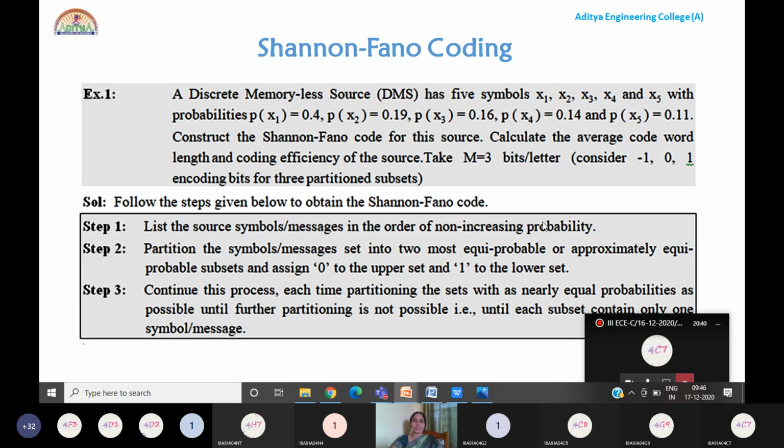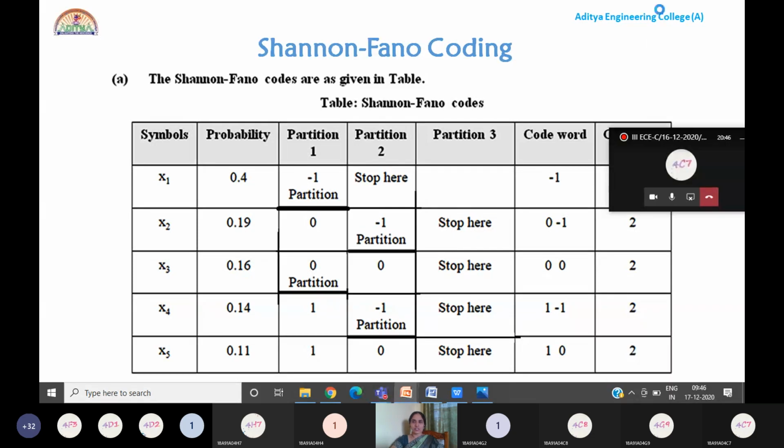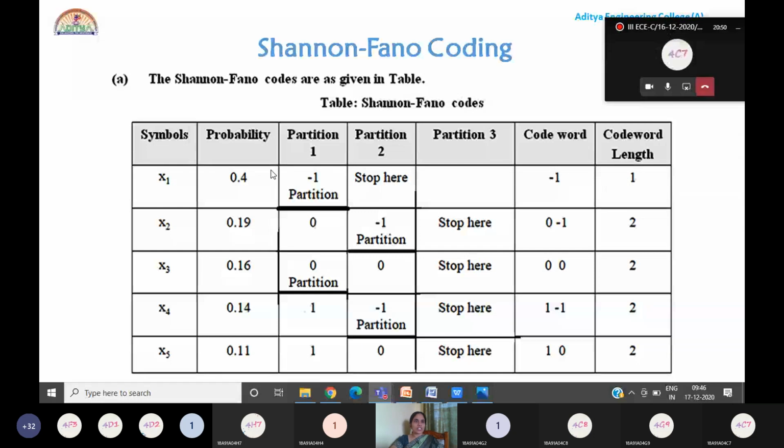Let us move directly to the table. What is the first thing that you should do? Represent the symbols in the order of decreasing probabilities. Here x1 to x5 are as usual in decreasing order, so we directly mention the symbols as well as their probabilities.